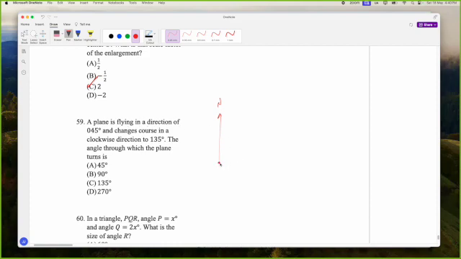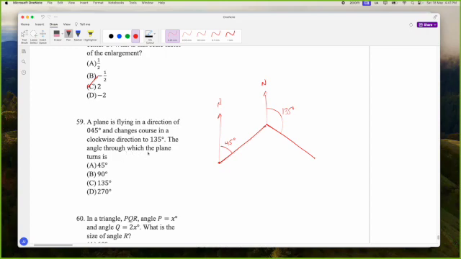So the plane is flying this way, 45 degrees, and changes course in a clockwise direction. So this will be the other north line. And over here it changes course to 135 degrees.